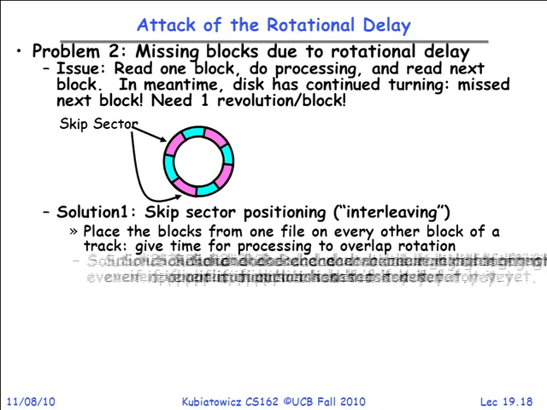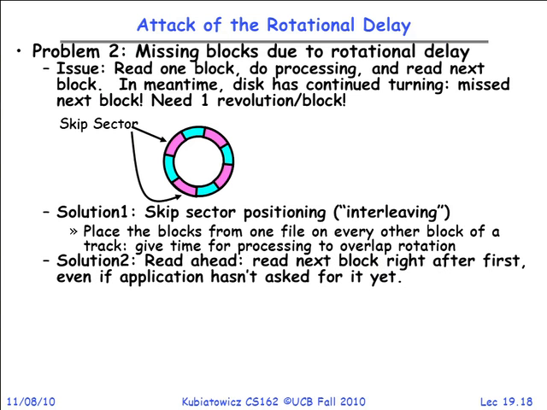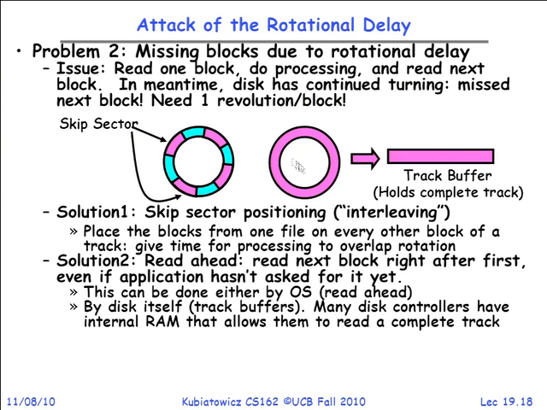Another solution brought up there is that we could go ahead and read a bunch of blocks, and that was another optimization they did as well. But the real answer today is there's enough memory on the disk that when you ask for a block, it reads the whole track and puts it into RAM on the disk. Then it doesn't matter how long it takes for you to ask for the next block, because it's now in the track buffer and it's much faster.